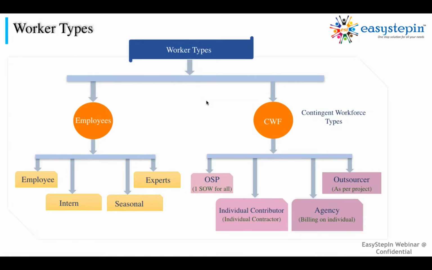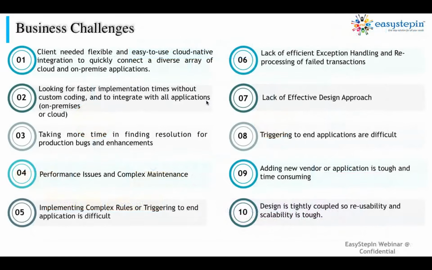So we approach the vendor companies that are already onboarded with us and we interview the resources and allocate them to the project. They will be on the payroll of the vendor company but work for the requirement at EasyStepIn.